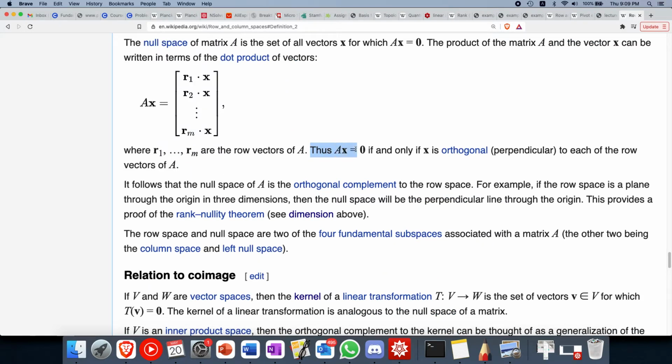Thus, if x lives in the kernel, then x is orthogonal to every single row vector of A, and so x is orthogonal to the entire row space. So it follows that the null space of A is the orthogonal complement of the row space.